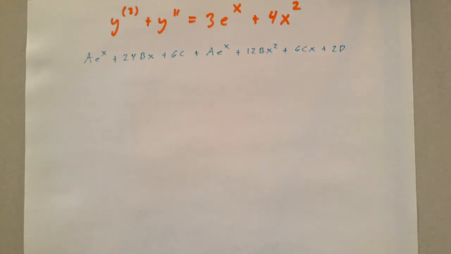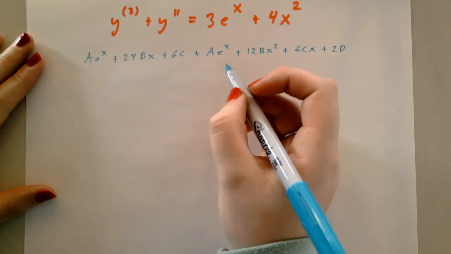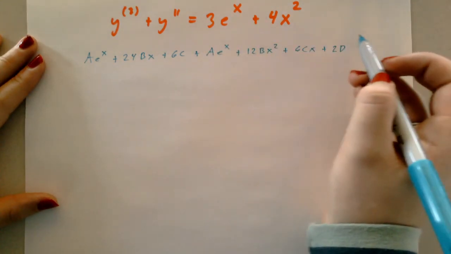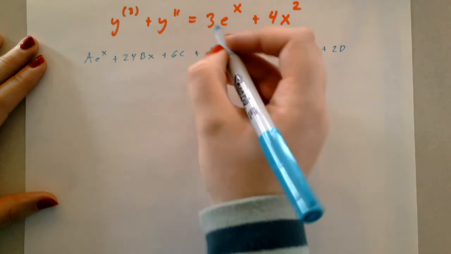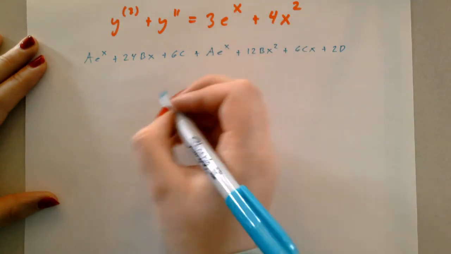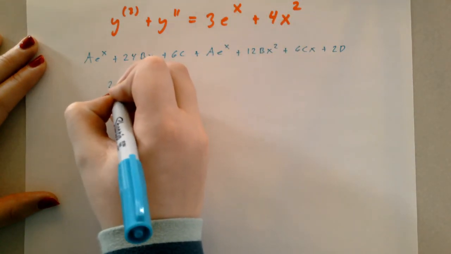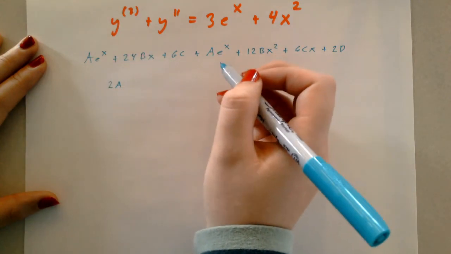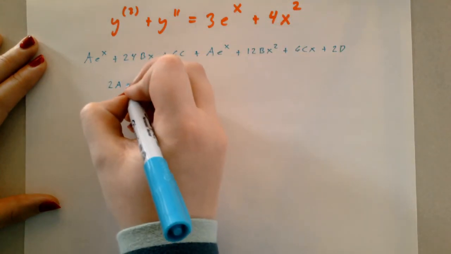From here, we'll approach this exactly the same as we do any other type of problem, where we need to make sure that the coefficients correspond to the correct terms on the right-hand side of the equation. We'll start with our e to the x term, since we only have two of them. We have 2a e to the x needs to be equal to 3e to the x, so 2a has to be 3.